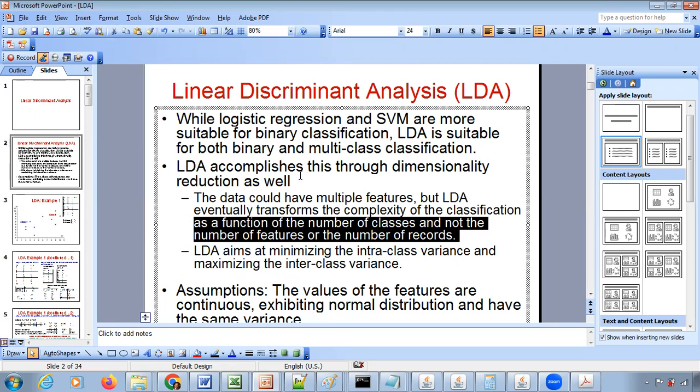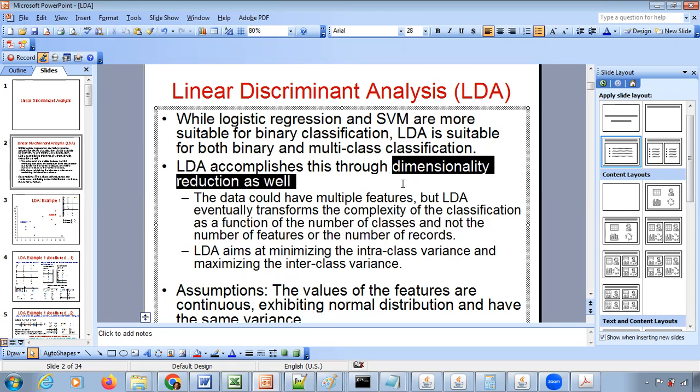In that sense, we can say LDA is doing something like dimensionality reduction, which we'll see again in detail in a separate module later, more in the context of unsupervised machine learning. Here we can say LDA is dimensionality reduction for supervised machine learning, where you're doing classification rather than clustering, so the training data set is accompanied by the actual class as well.